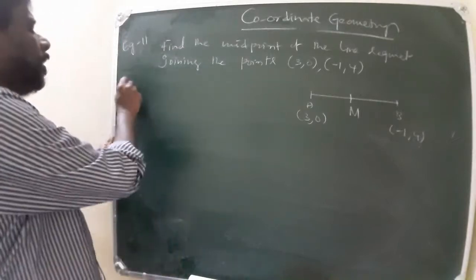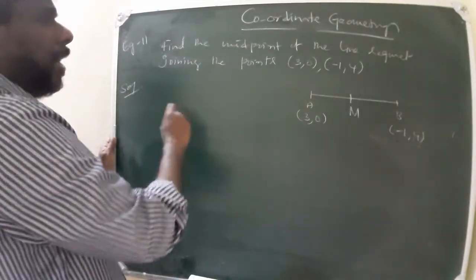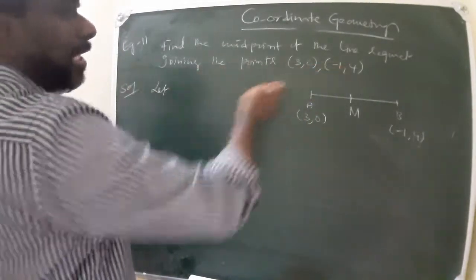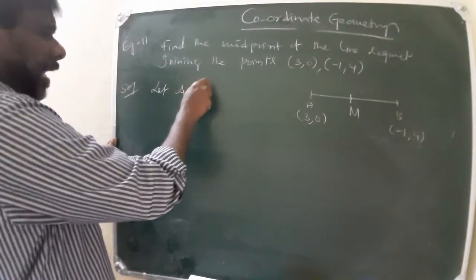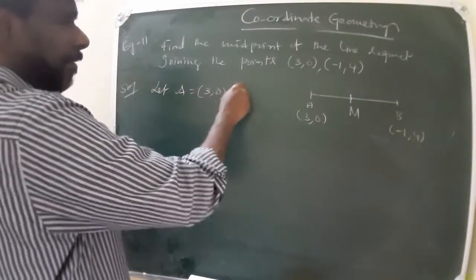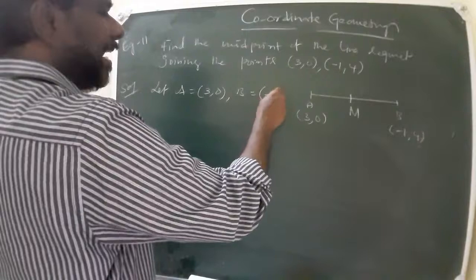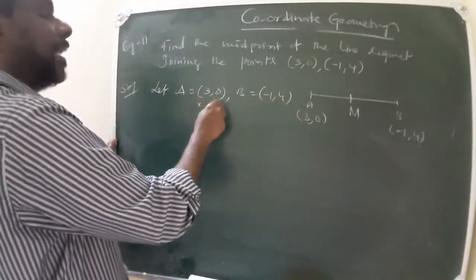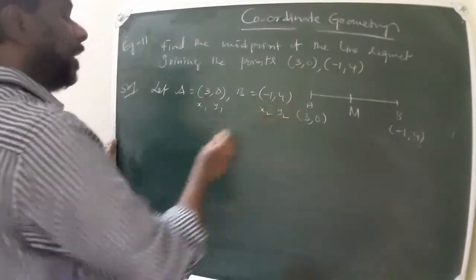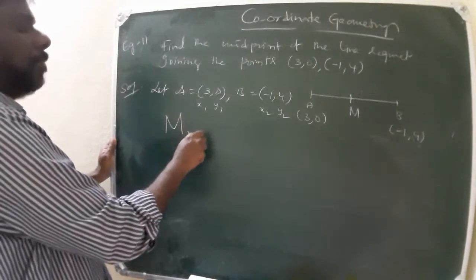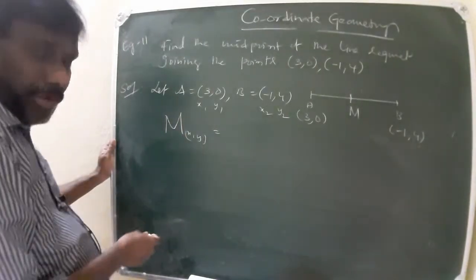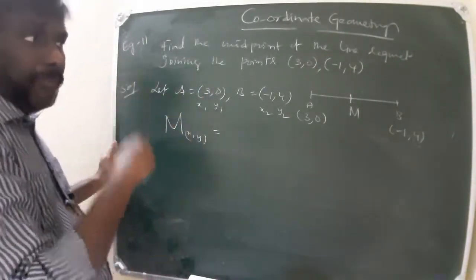The names of these points are not given in the problem, so let A be (3, 0) and B be (-1, 4), with x1, y1 and x2, y2. So directly write the midpoint formula, as I already told in the formulas.